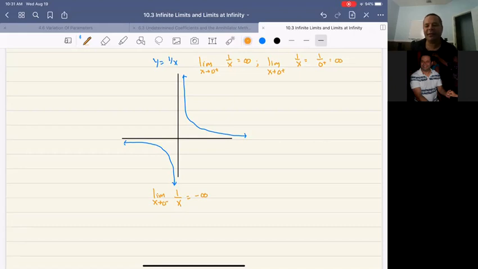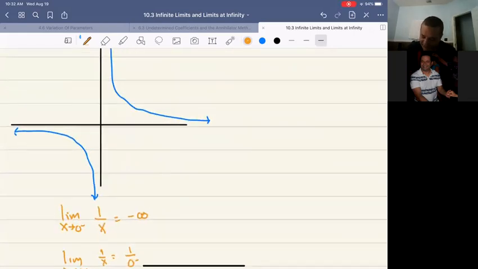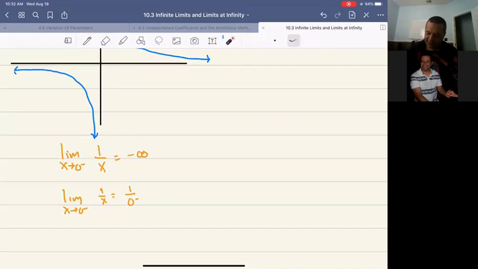We can think about that in terms of 1 over 0 with a small negative, and let me zoom in on there. That small negative indicates that we're taking 1 and dividing it by a small negative number. So 1 divided by a small negative number is going to be negative infinity.